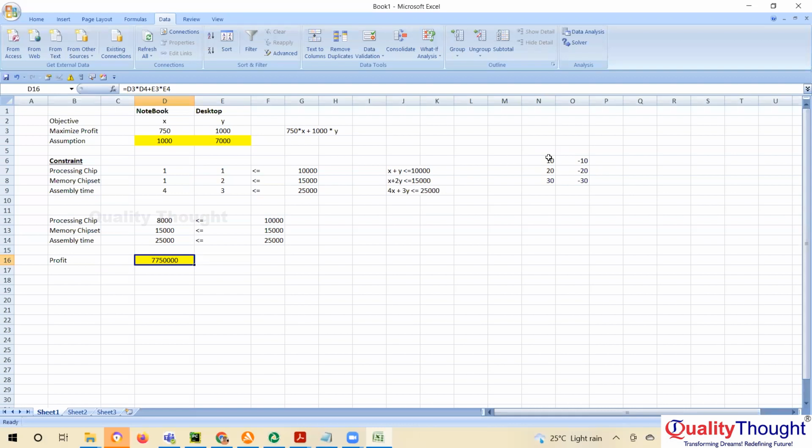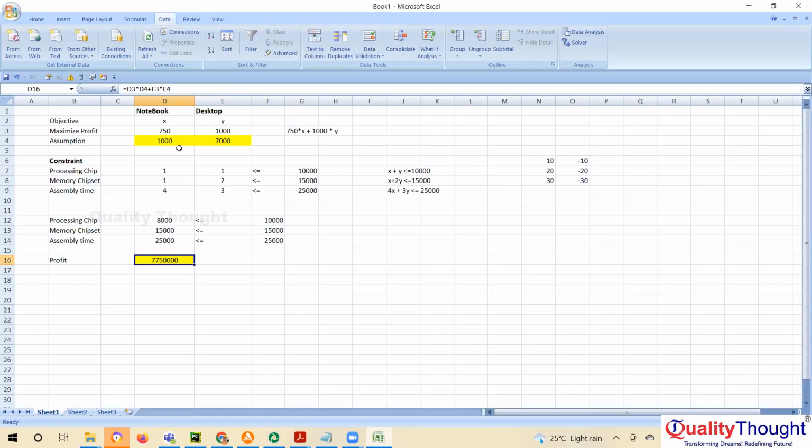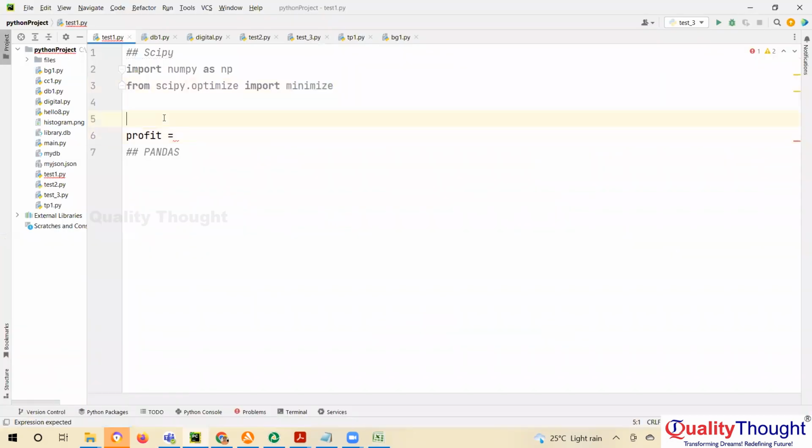When we write our objective function, profit equals 750 into X plus 1000 into Y. To begin with, we took some random numbers, say X equal to 1 and Y equal to 1.